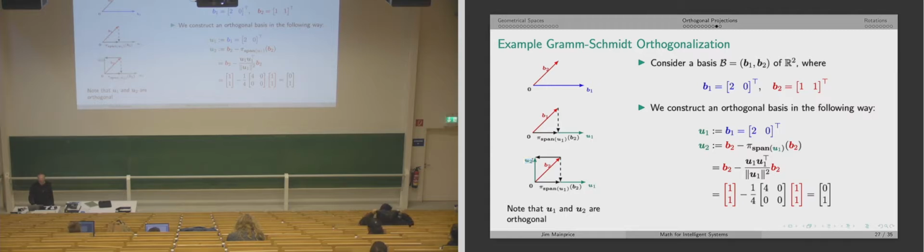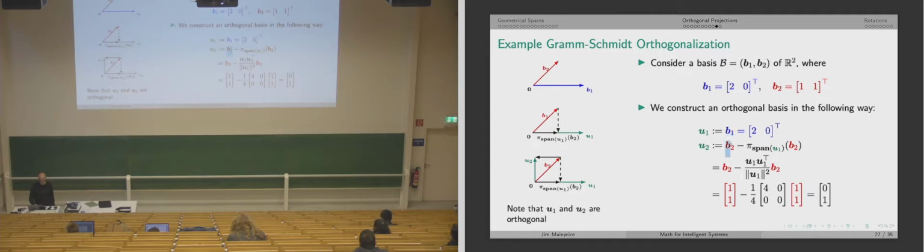The final thing, which is maybe not apparent here. Oh, the typo is here. This is not B1. This is B2. So U1 is equal to B1, and U2 is equal to B2 minus the projection.